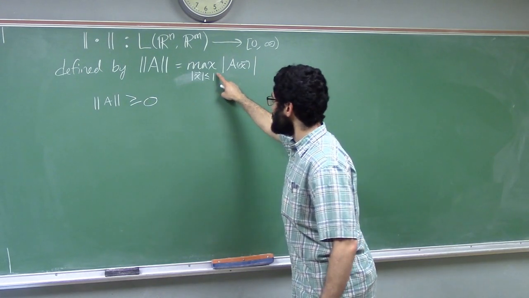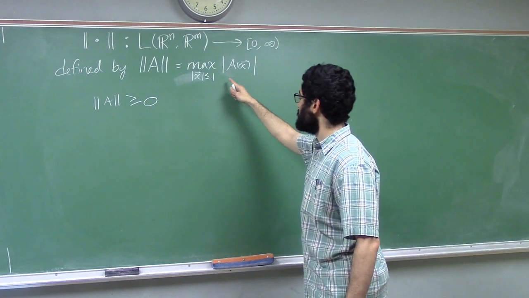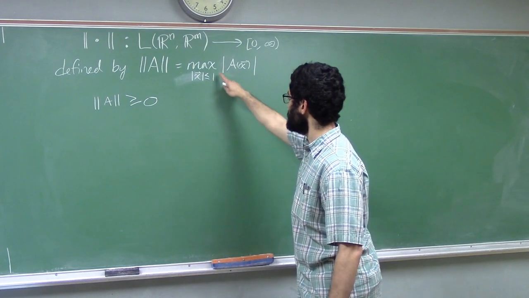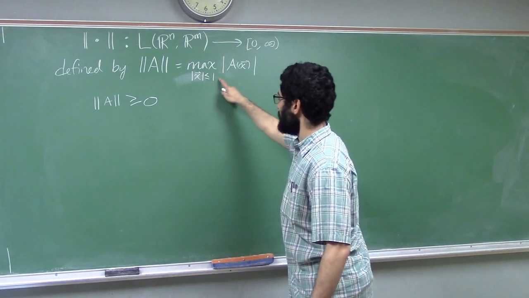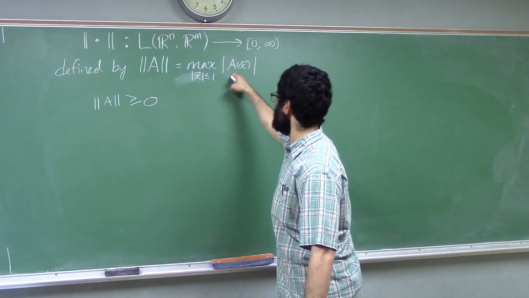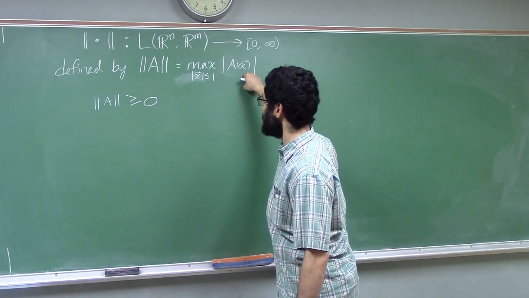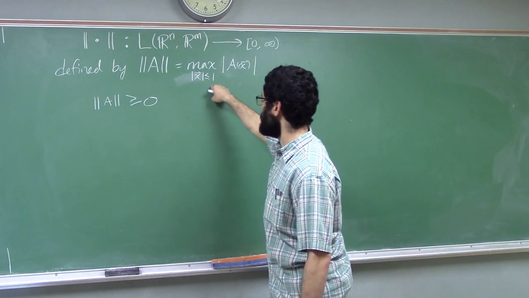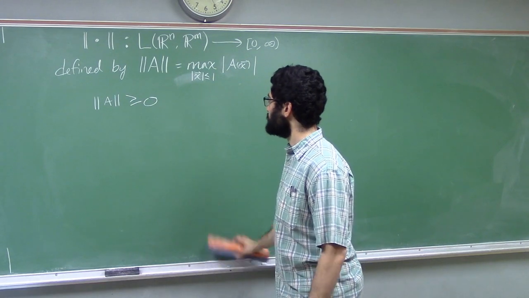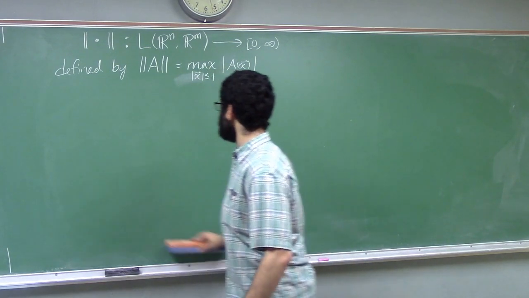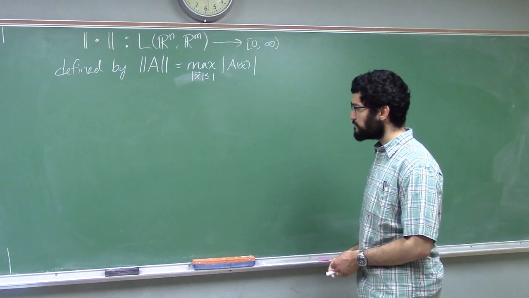Since it's the maximum and not just the supremum, it's very easy to think through things like this. It is one of them. So the norm of A is A applied to some particular vector, one of the vectors in the closed unit ball. So it's definitely something non-negative.